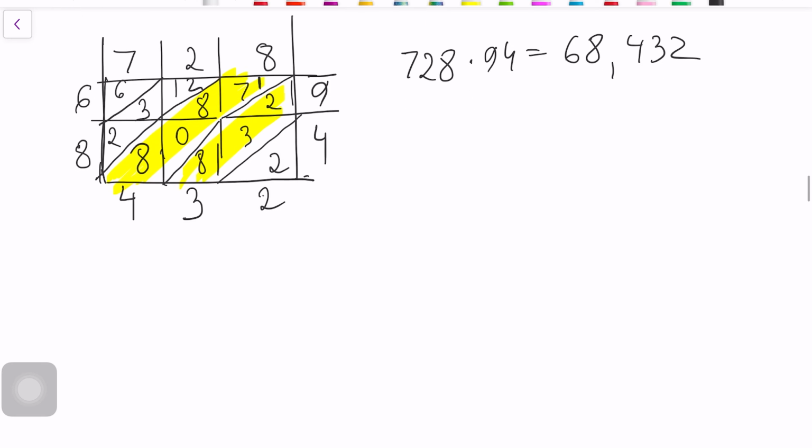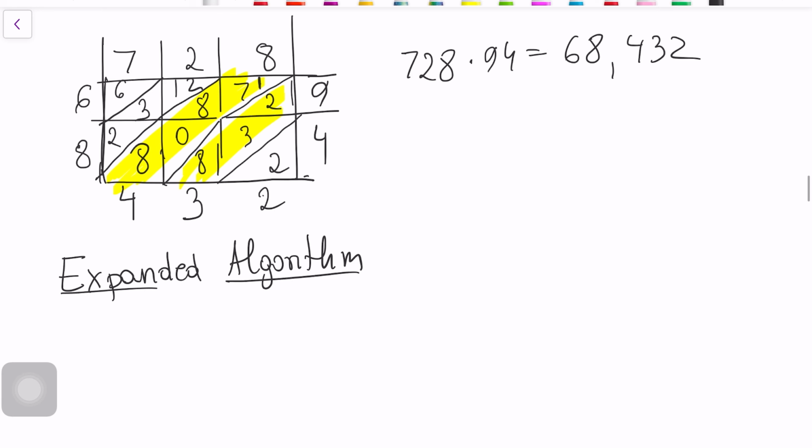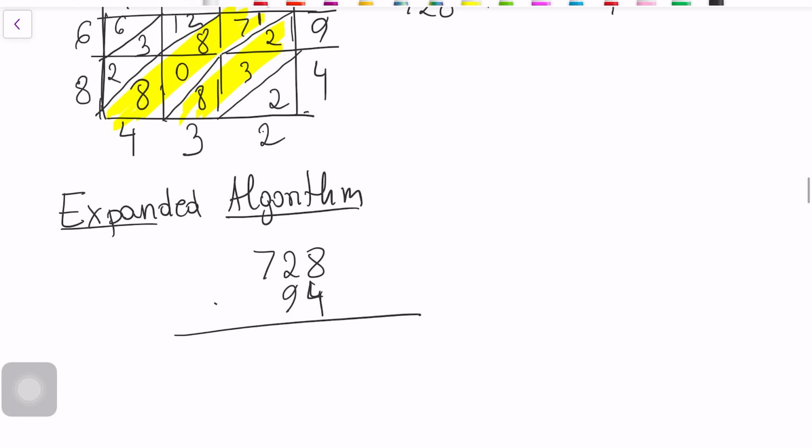Okay, now let's do the expanded algorithm and then the standard. Although that was not a part of this question, it's just to practice. So expanded would say, okay, times 4. 4 times 8, right? That's going to give you 32. 4 times 20, that's going to give you 80. 4 times 700, right? 4 times 7 is 28, but remember it's 100.